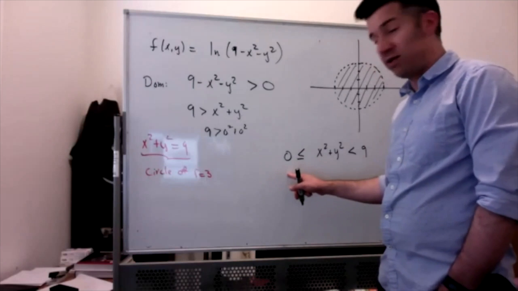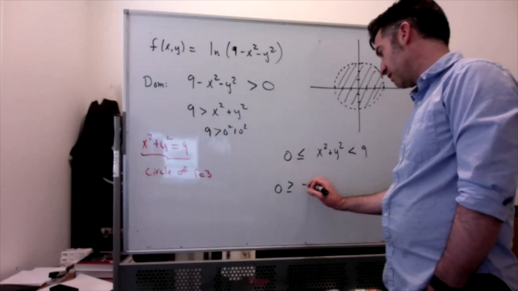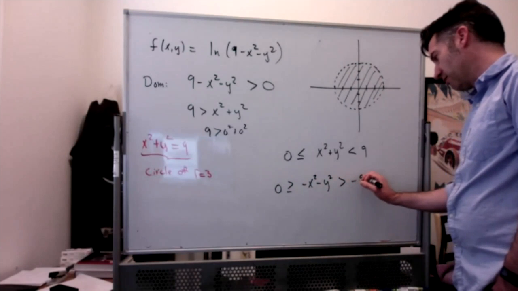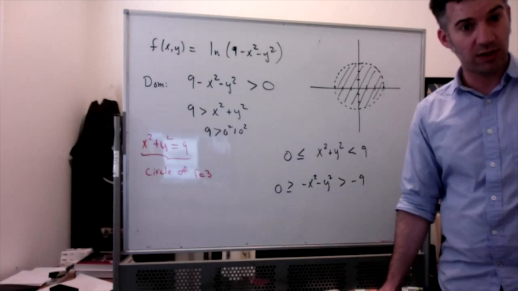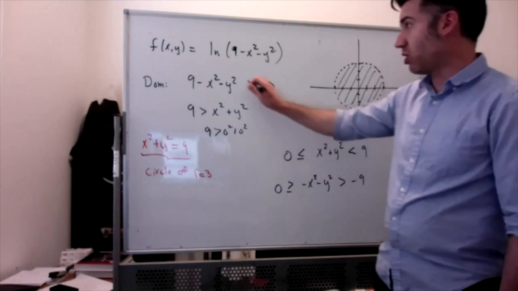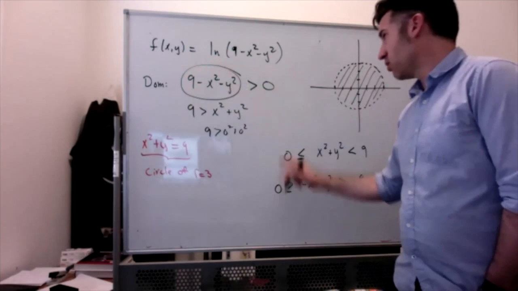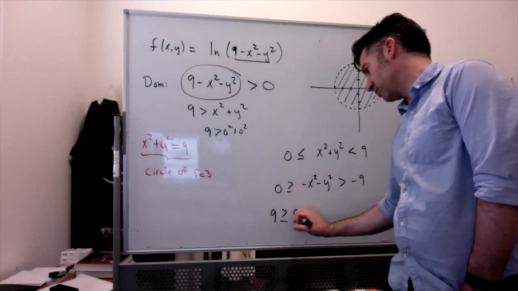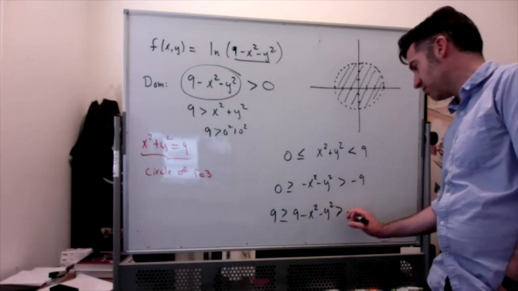So I'm going to have a -1 times 0, which is 0, bigger than or equal to -x squared minus y squared, bigger than -9. I multiplied everything by -1. I changed the directions of my inequalities. And now I'm going to add 9 to everything so that I can get my insides to look like this. So 9 plus 0 is bigger than or equal to 9 minus x squared minus y squared, which is bigger than 9 minus 9.